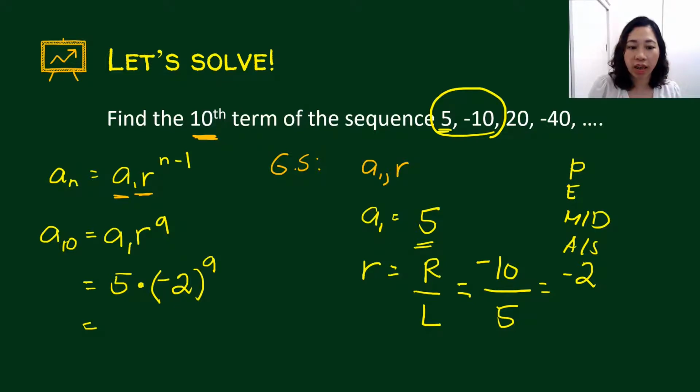Again, exponent comes first before multiplication. So that's why we have to evaluate first negative 2 raised to 9.